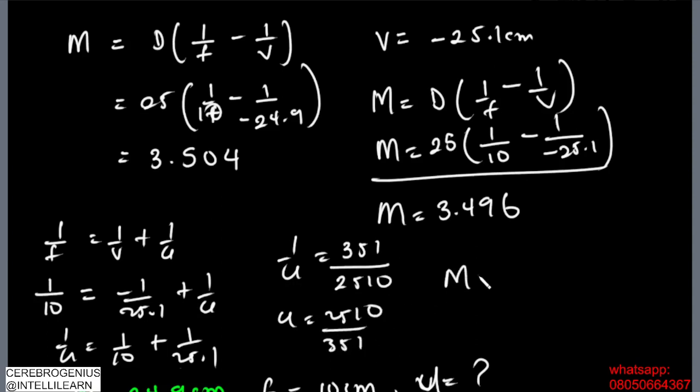Now let's get the magnification when it is not functioning as a microscope. That's why we are using the normal equation. So it will be 25.1 divided by 2510 over 351.